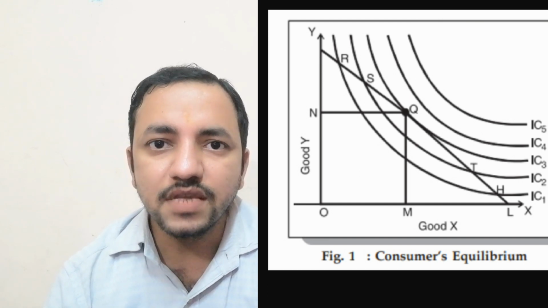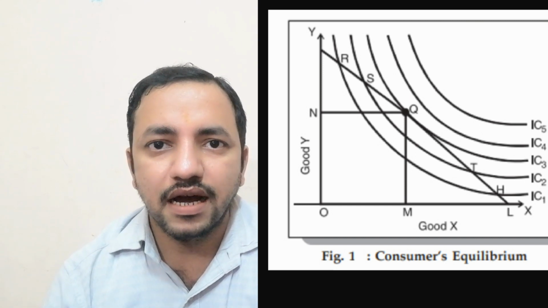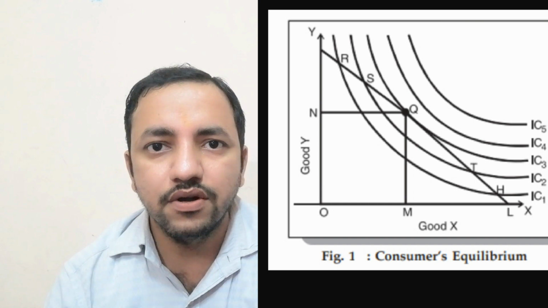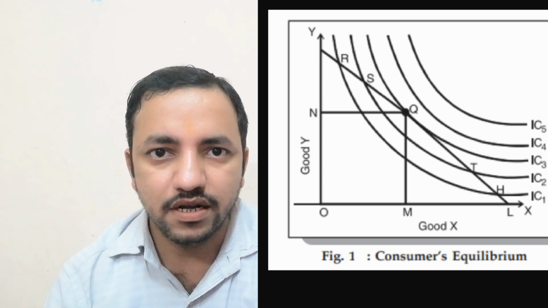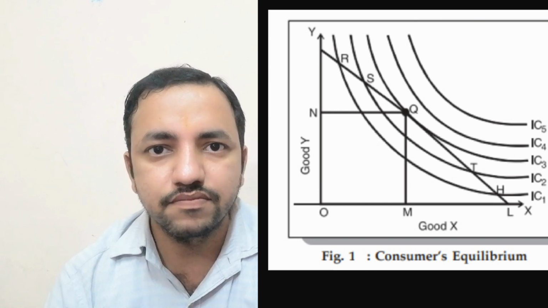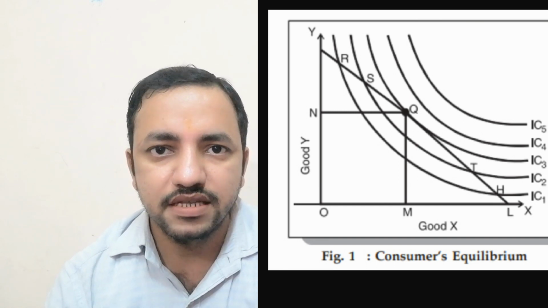Because IC4 and IC5 indifference curves are beyond the budget of the consumer. So any combination on IC4 and IC5 cannot be achieved by the consumer.